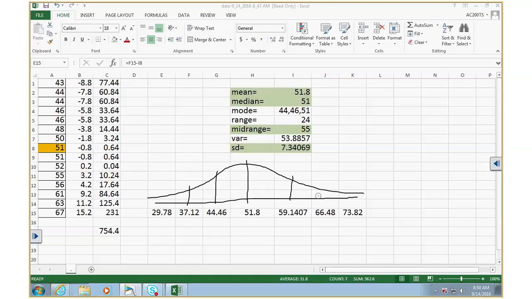So everything between 66 and 37 is what? 95% of the population will fall between that via the empirical rule. And then what's between the second and the third standard deviation? And then what's outside the third? Outliers. So that's that. And then we'll do the 5-number summary.